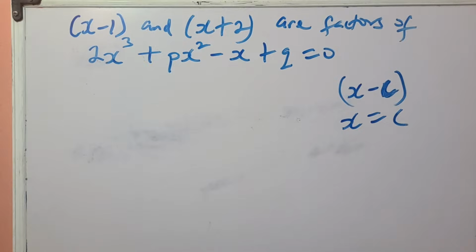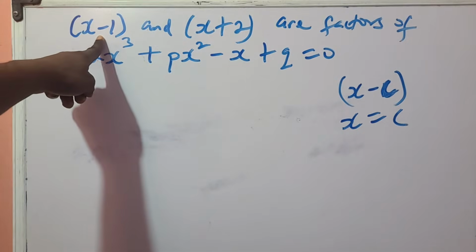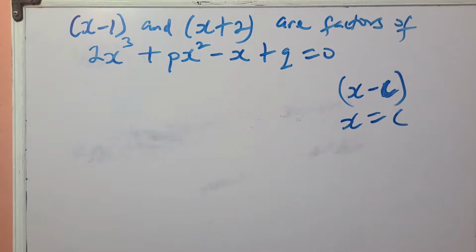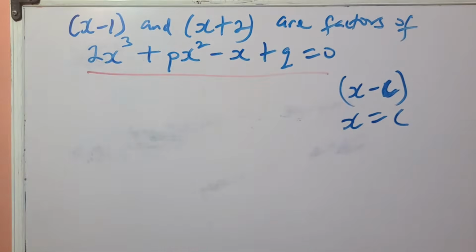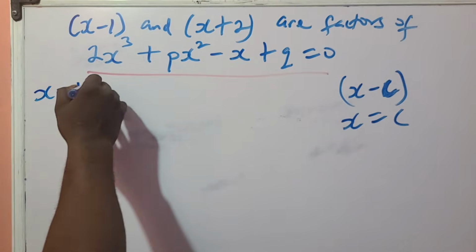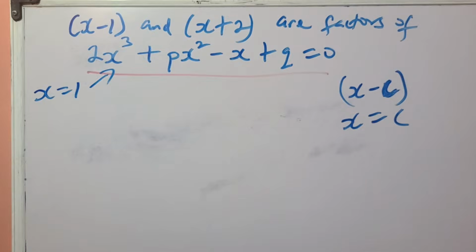That means if they told us that x minus 1 is a factor of this polynomial, that means if I put in x equals to 1 into this polynomial, I must get my answer to be 0. That is the theory around factors in polynomial.